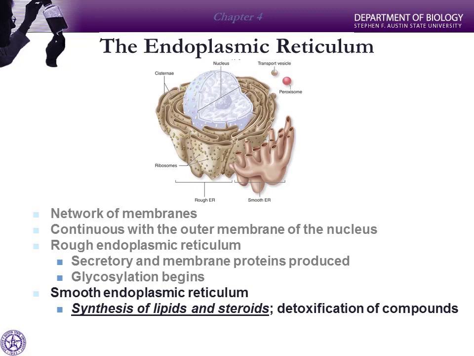So it makes sense you have to be making more membrane the more you transport. So more membrane for the endoplasmic reticulum as a whole happens at the smooth ER. And that membrane is lost in these transport vesicles that are leaving, headed for the Golgi apparatus.